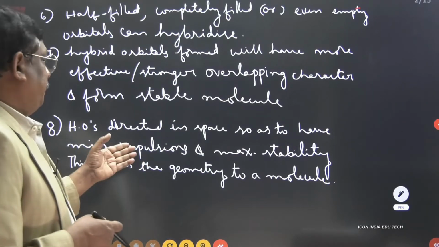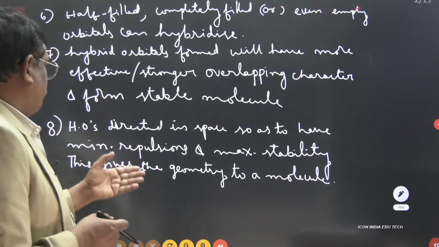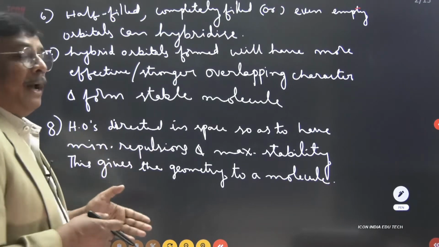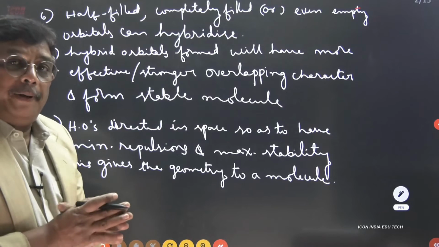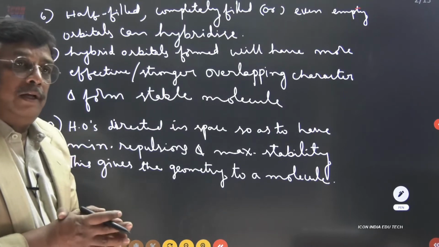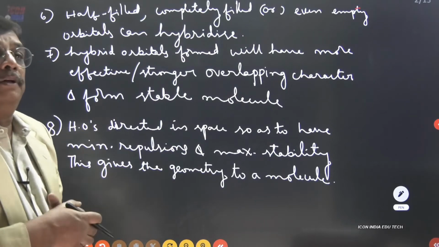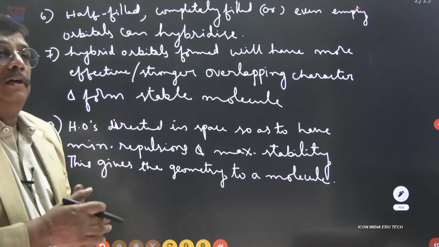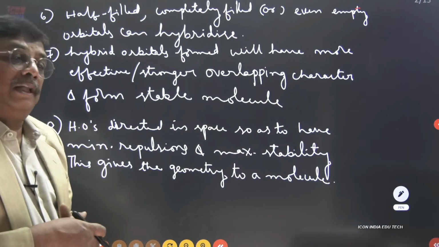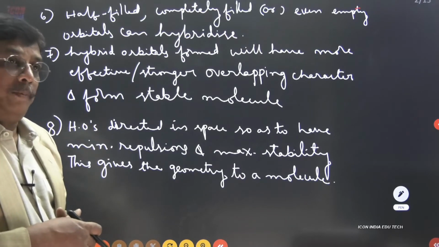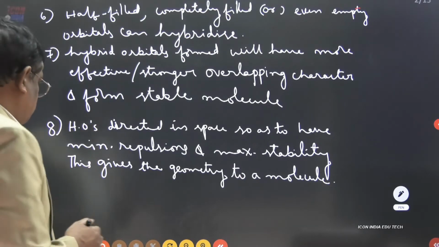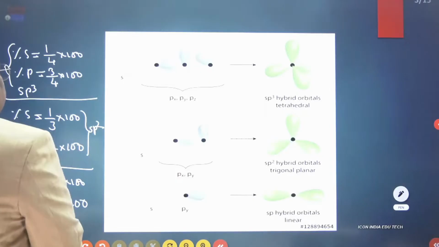Hybrid orbitals are directed in space so as to have minimum repulsion and maximum stability. For example, if I say tetrahedral, that is how they arrange, because in that geometry they have minimum repulsion and maximum stability.